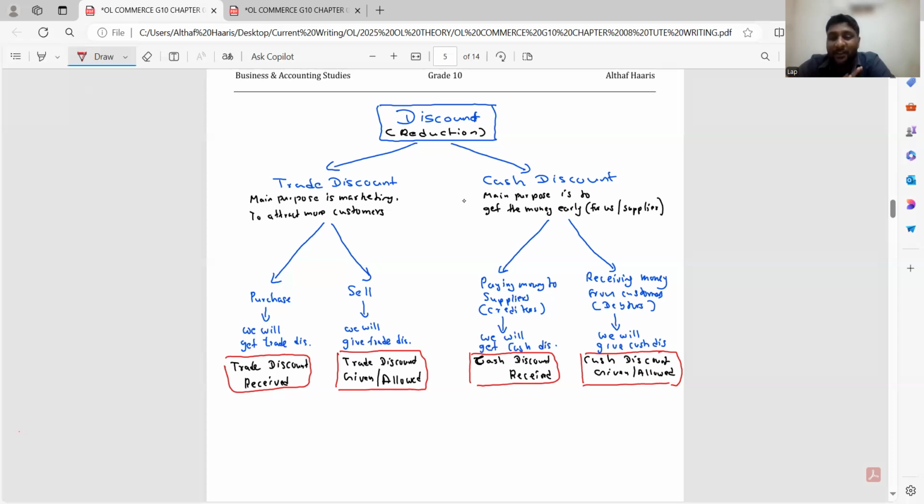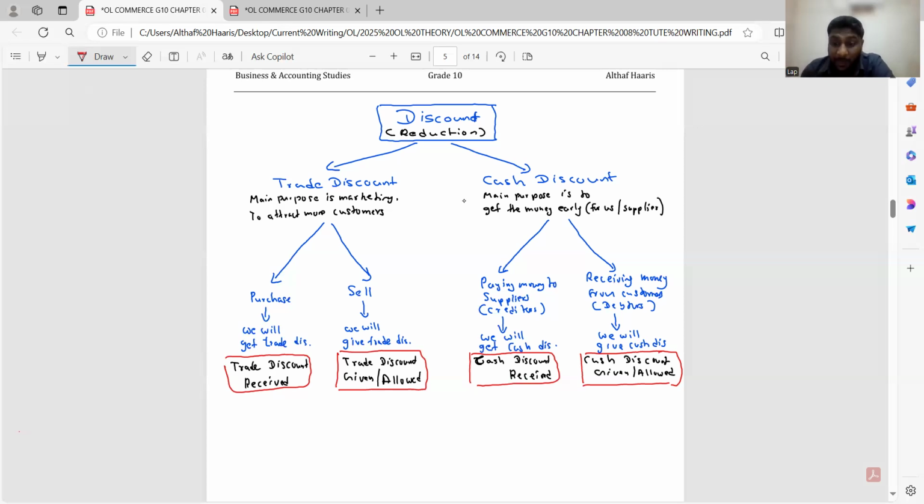So I have highlighted four types of discounts: trade discount received, trade discount given, cash discount received, cash discount given. Out of these 4 items, we are not taking 2 items.